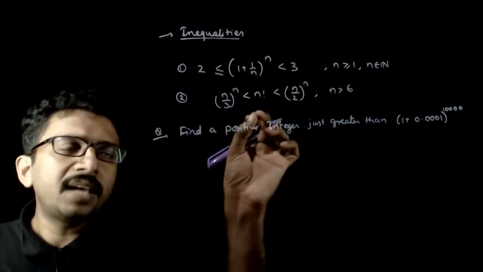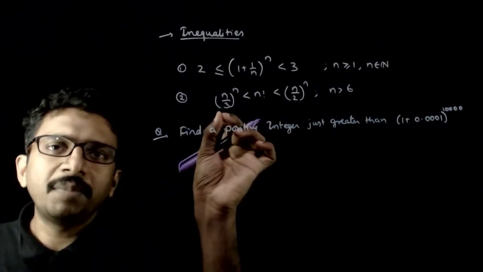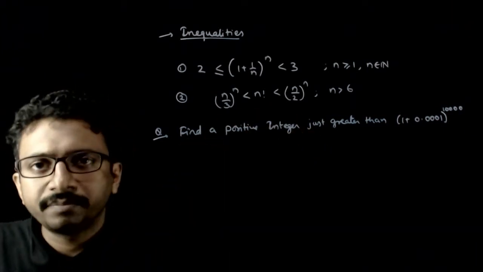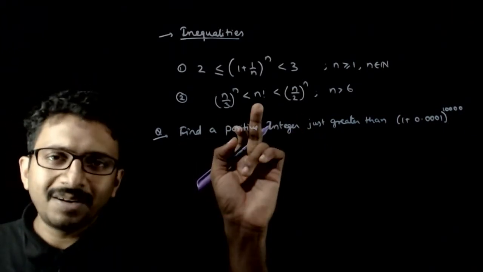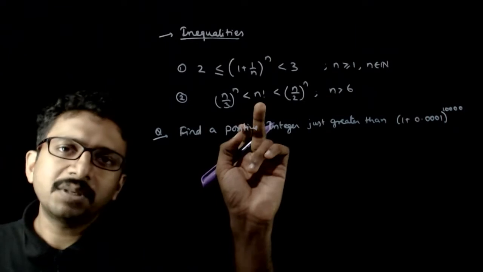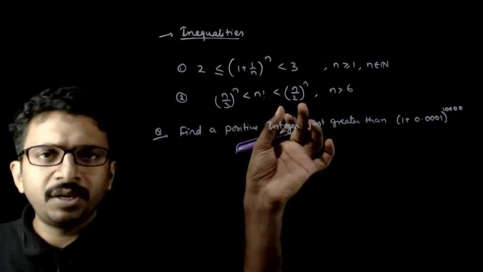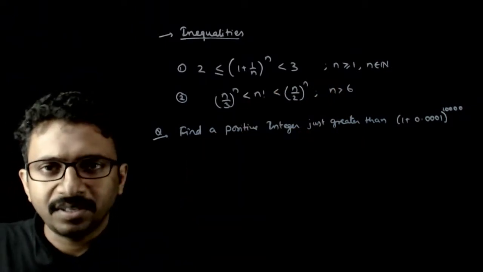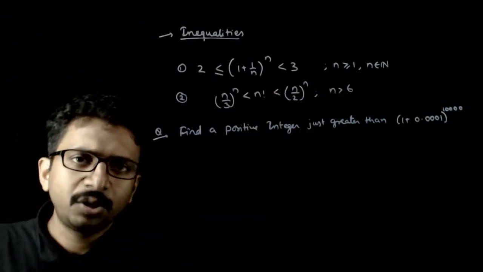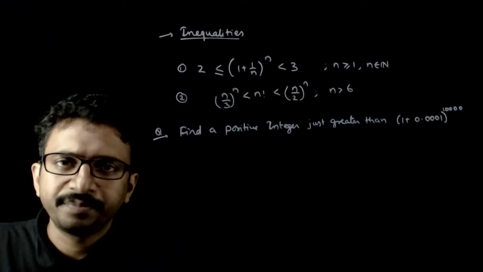And the second, n factorial, which is a product of n numbers, will always be in between n by 3 power n and n by 2 power n for all n greater than 6. So these are the two important results which you need to remember.